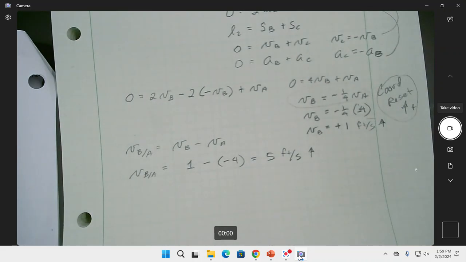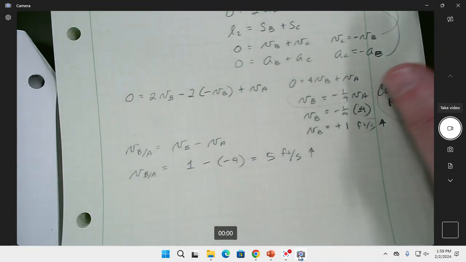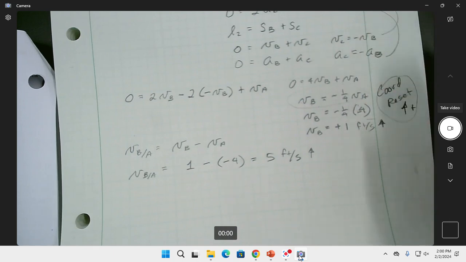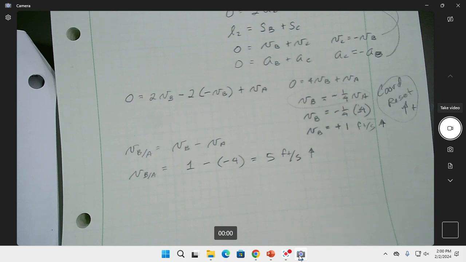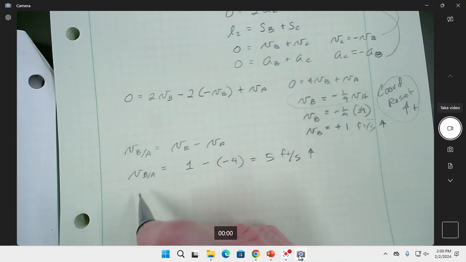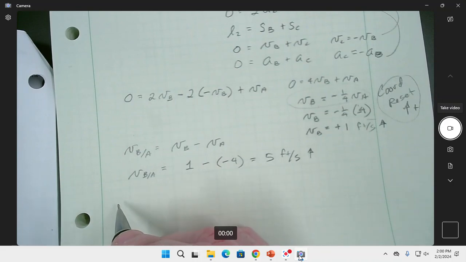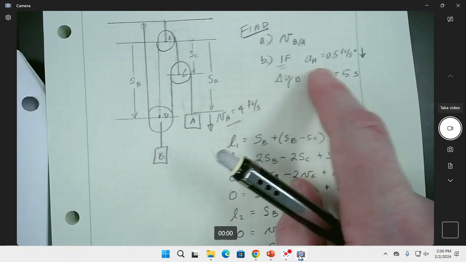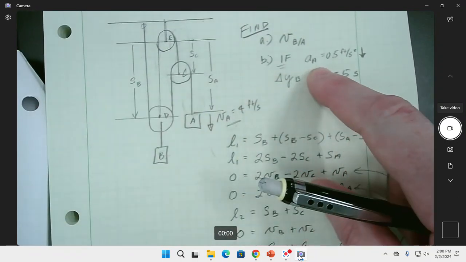And then the last part of this was to find, if the acceleration of A was 0.5 feet per second, we would want to find how much displaced B is, right? So what we could do for this, probably the easiest way to approach this part, is let's find out what the acceleration of B is going to be.